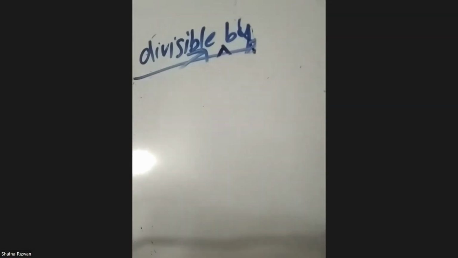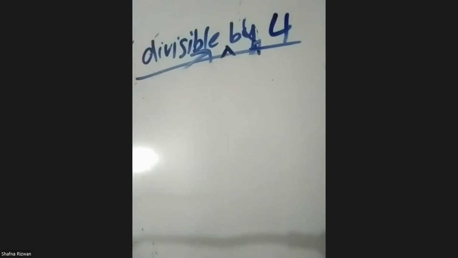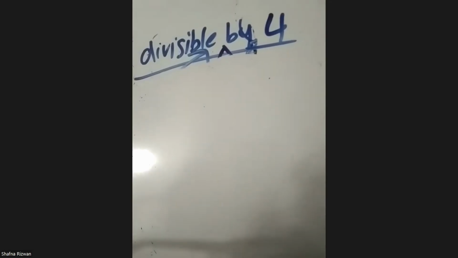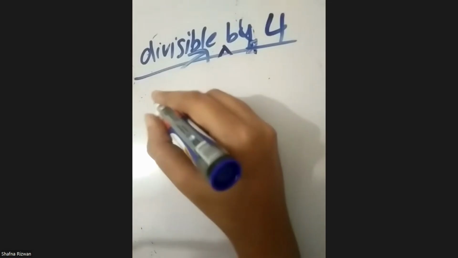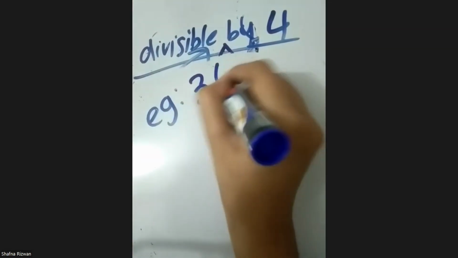That is whether a number is divisible by 4 or not. Okay. Now let's see how to do that. Remember that if you want to see whether a number is divisible by 4, let's take a number for example, 36.